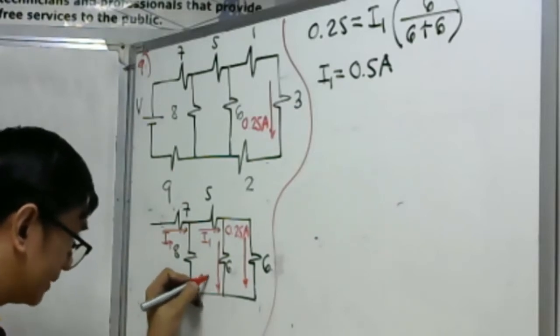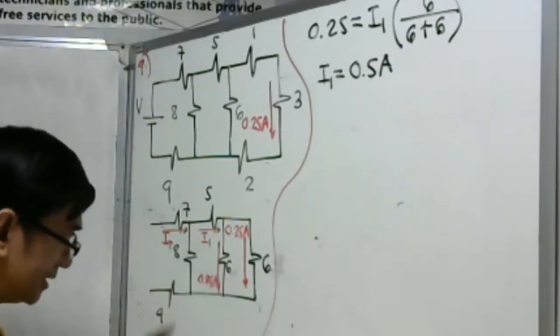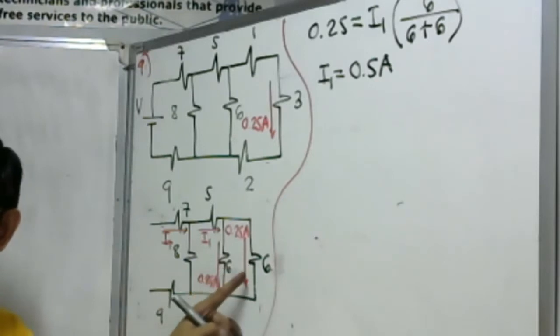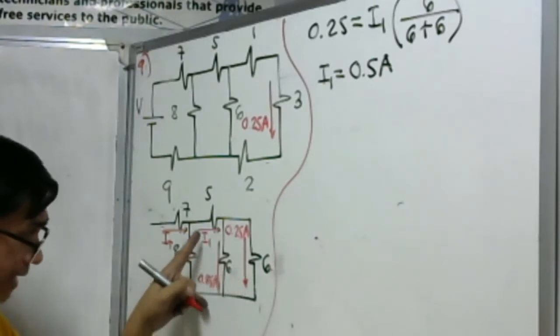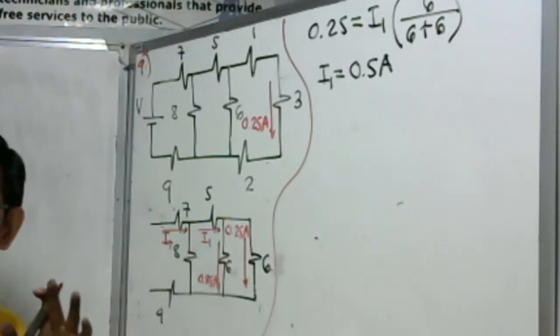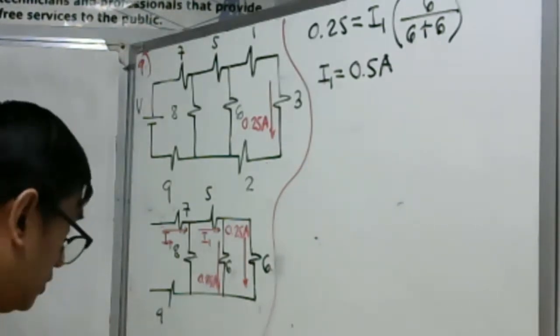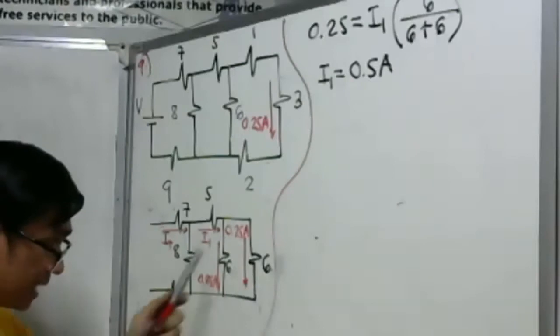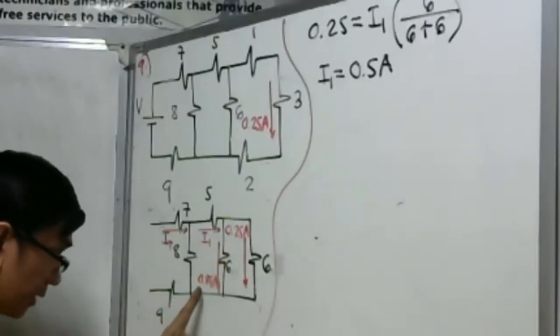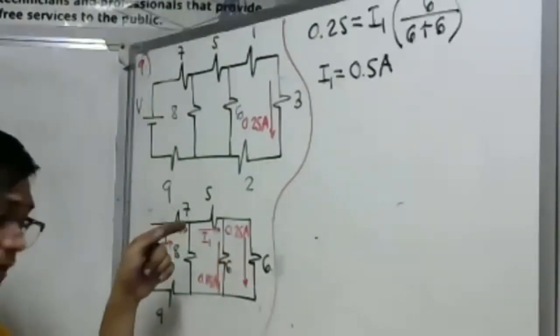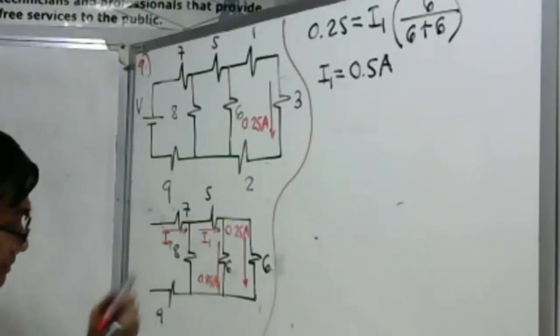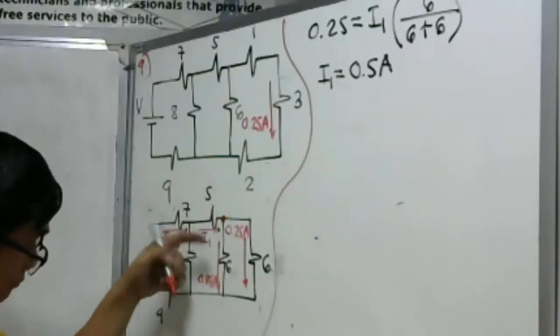They're just the same, because they have the same value. You can get I1 without using the current divider theorem. How? Of course, they have the same current. So 0.25 and 0.25. By Kirchhoff Current Law, the current entering at this node is equal to current leaving.